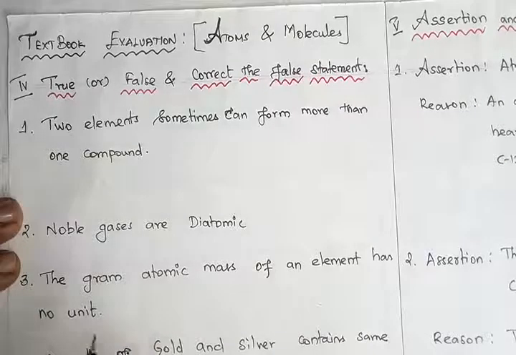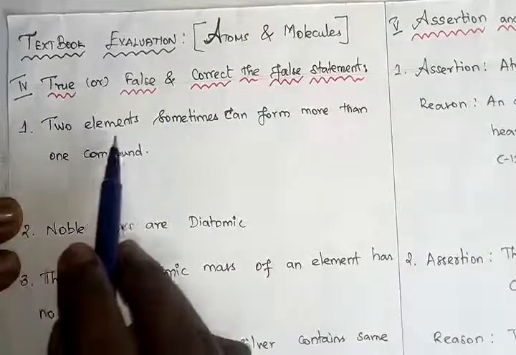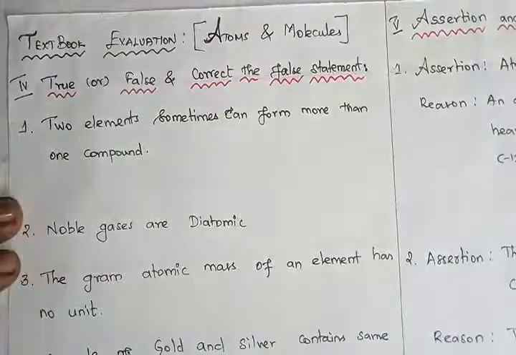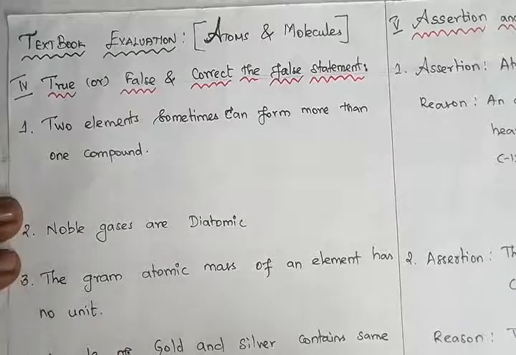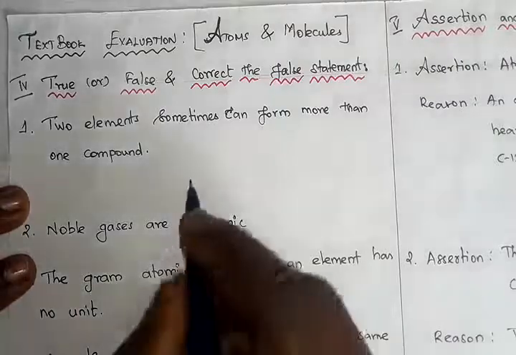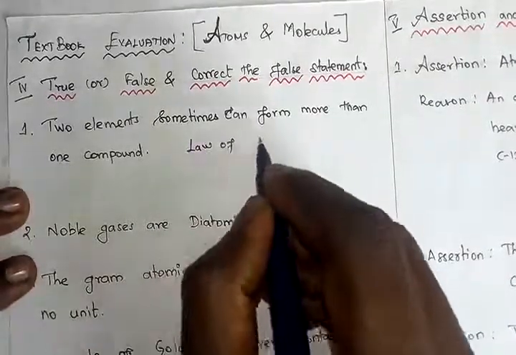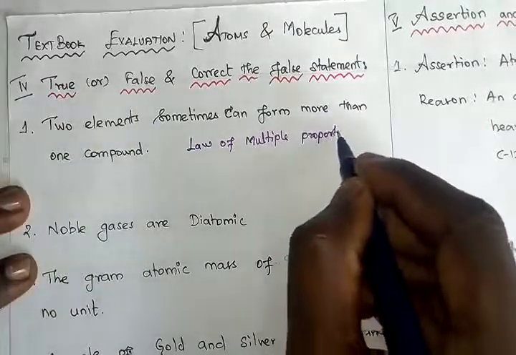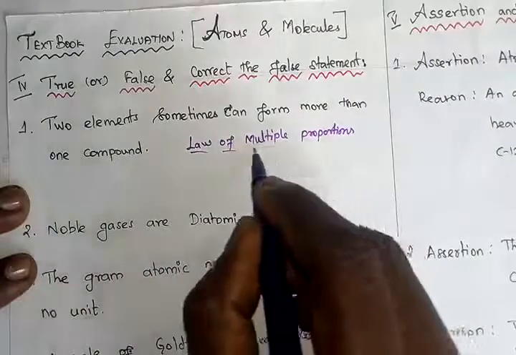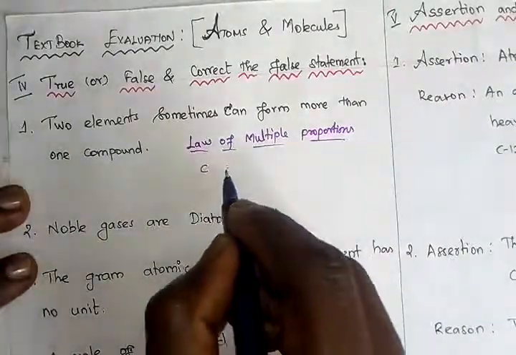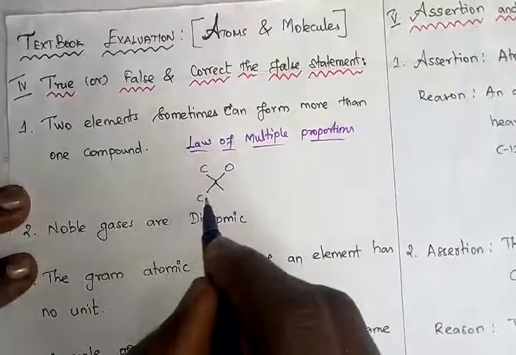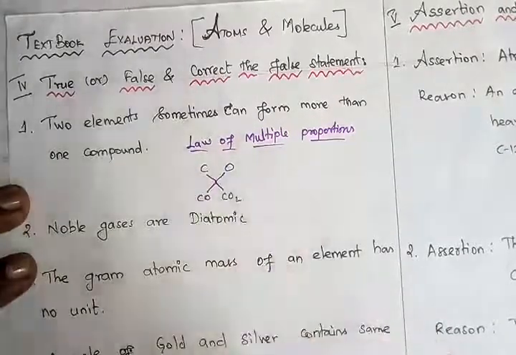The statements. Two elements sometimes can form more than one compound. Is it true? Yes. In the ninth standard itself, we have studied the law of multiple proportions, right? According to that law, carbon and oxygen can combine to form two different compounds, carbon monoxide and carbon dioxide.